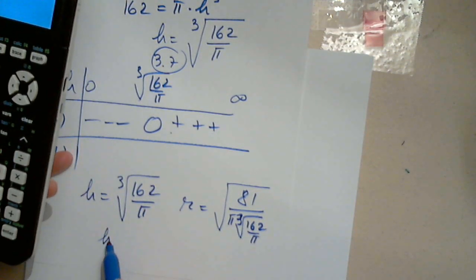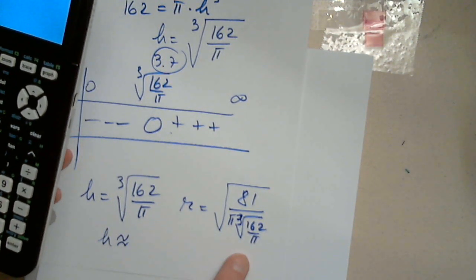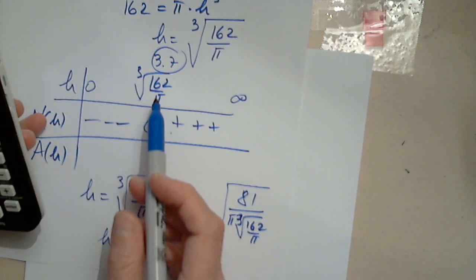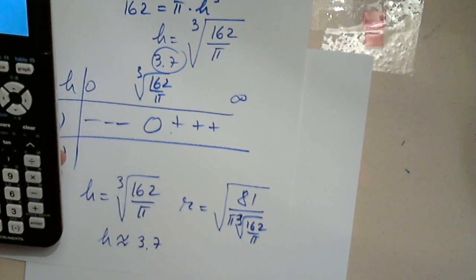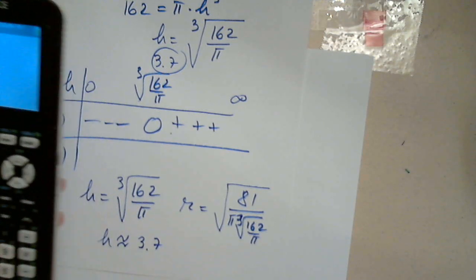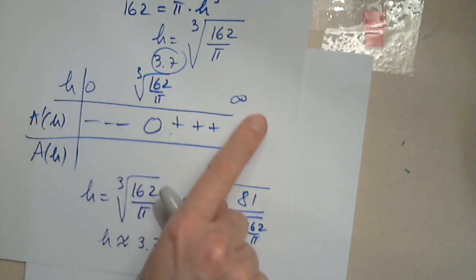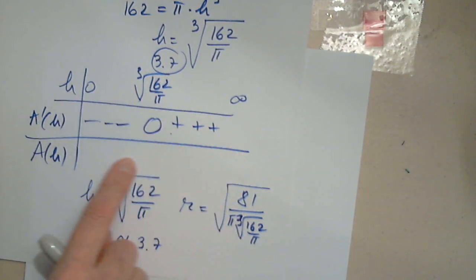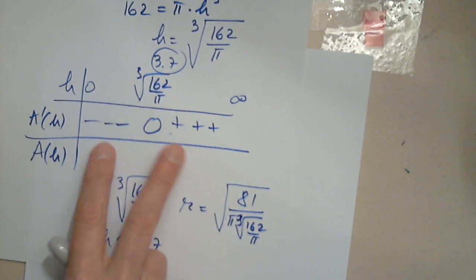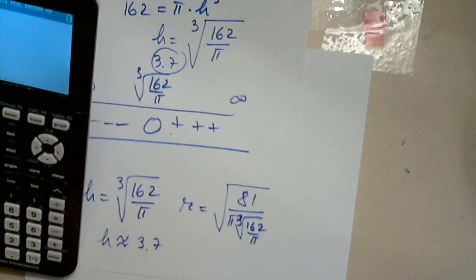So I will approximate. This is the exact, but I want to approximate. I already did for this one, roughly 3.7, and for this one is this, and I check the signs. This is gold. This is when you realize or you find your mistakes. If you don't do this, anything can happen.